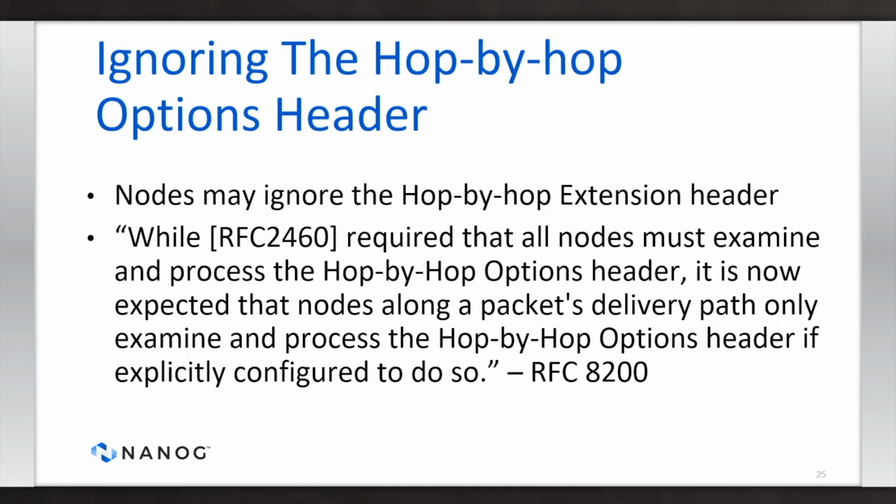Now, what does that mean? Well, it means that the ACT bits of an option may be 0, 1, which means if you don't understand this option, please drop the packet. But you don't have to drop the packet if you are not explicitly configured to process hop-by-hop options. So, I guess the meaning of those ACT bits is well specified. We understand what it means. It's just a bit convoluted.